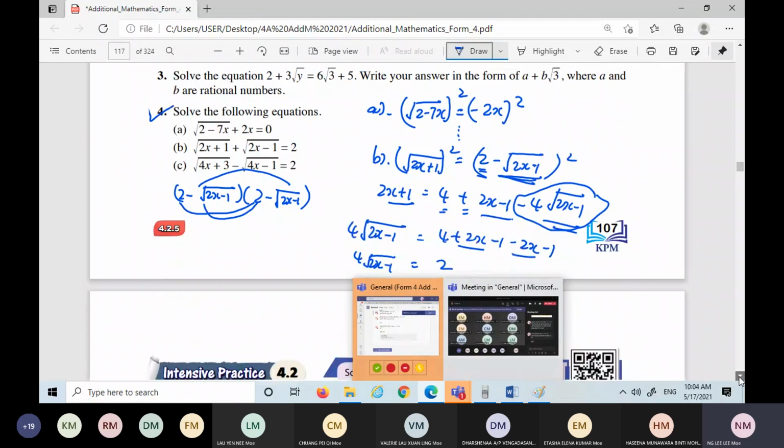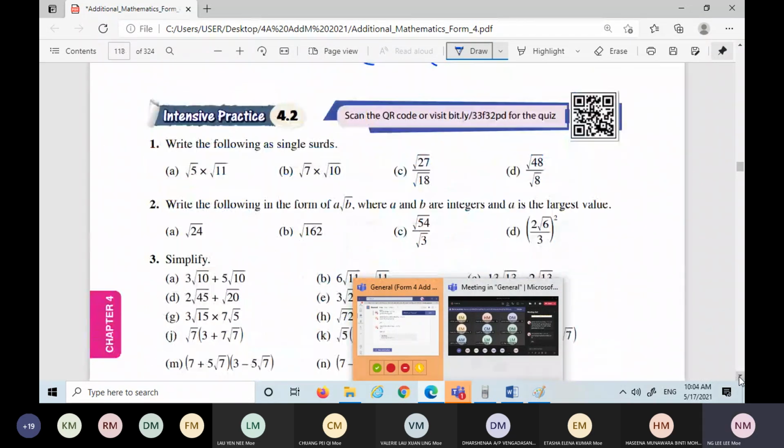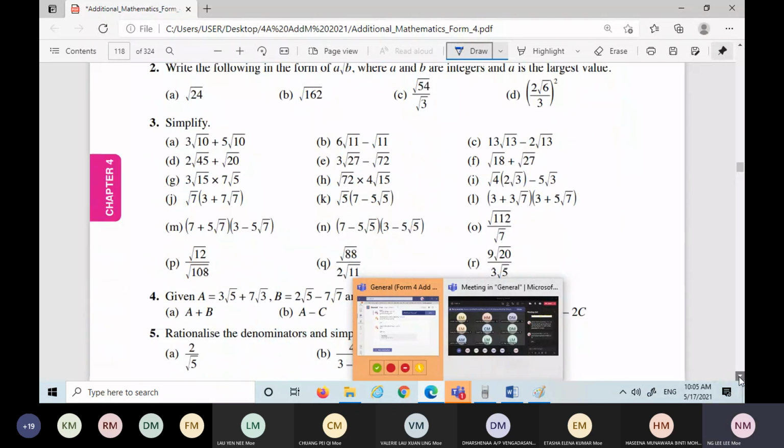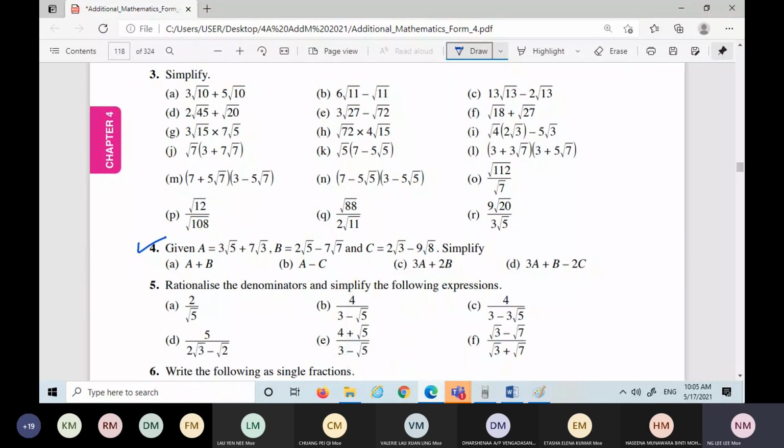Then one more exercise here. I don't want you to do all and then you complain to me. You just do the solving problem question. No, you do 4.7 and 4.8 for this intensive practice. Number 4.7 and then number 4.8.